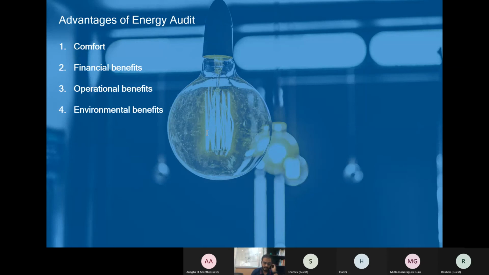Environmental benefits. Environmental benefits are one of the main advantages of energy audit that arise from using energy more efficiently. They may include reduction of CO2 emission, which is very harmful as a greenhouse gas. Other emissions, from both the site itself and upstream energy suppliers, can be harmful to the environment.